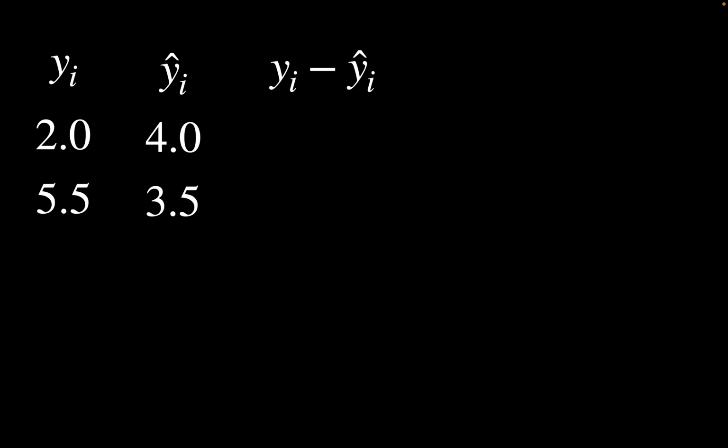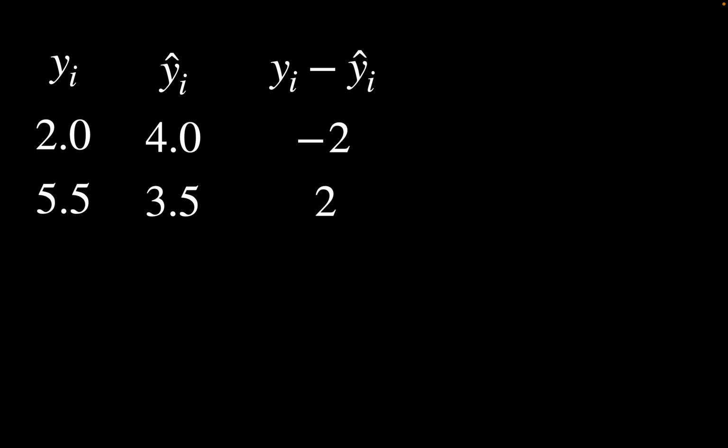Right? So for the first data point, if we subtract 2 from 4, we get -2, meaning that our prediction should have been 2 lower. Okay, if we do this for the second data point, we get 2, meaning our prediction should have been 2 higher. So these values can represent our errors.